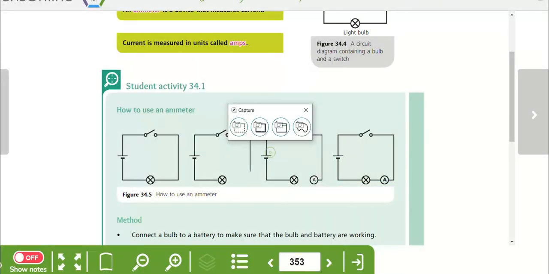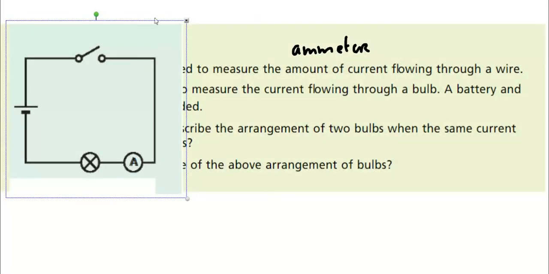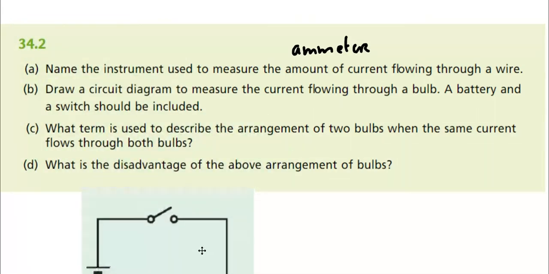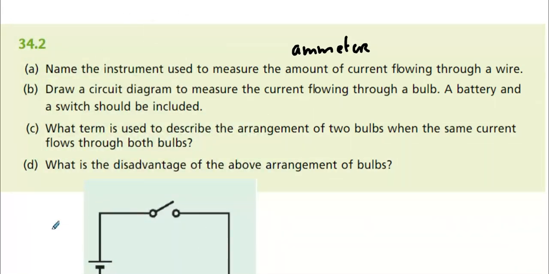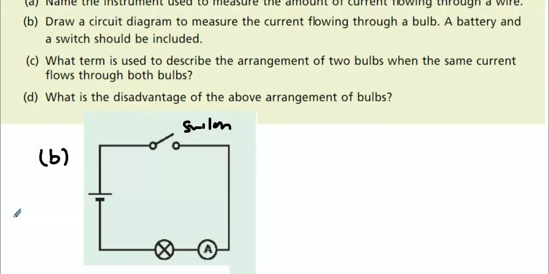So this is the answer to part B. So we have our switch, which is that one, our battery, which is this one, our bulb, which is this one, and an inbuilt ammeter to show how much current is going through.